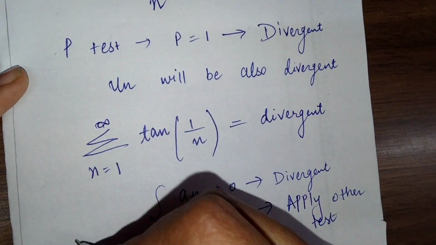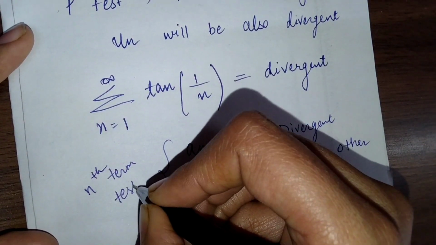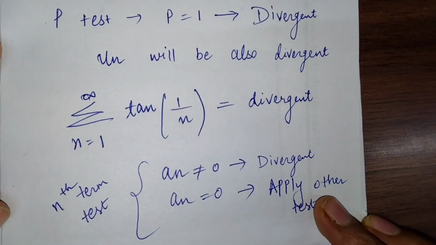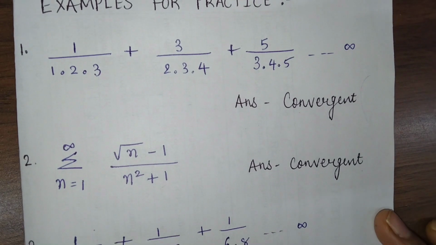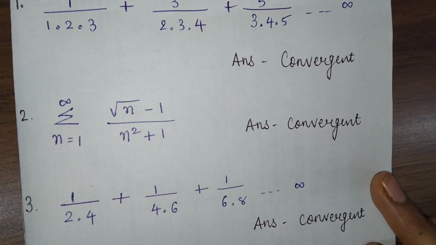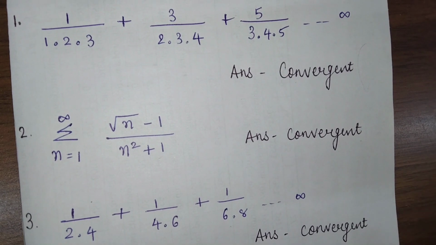These are the rules of the nth term test, which we have already studied in the previous lectures. Now, these are the examples for practicing. There are 3 examples based on the comparison test, and answers are also given, so you can verify.